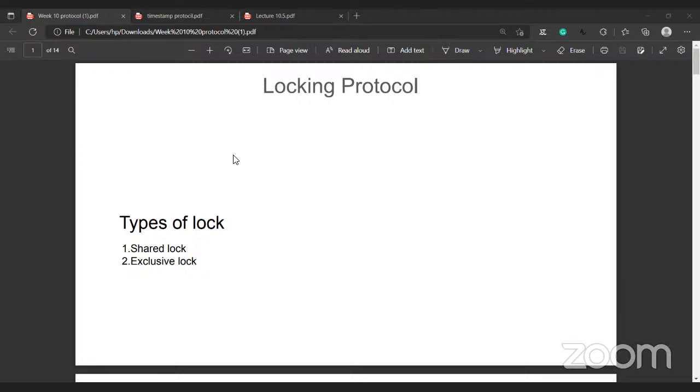To achieve serializability, we use the concept called locking protocol. Whenever a transaction wants to perform any operation, whether read or write, before performing it, it should apply a lock. There are two types of lock.